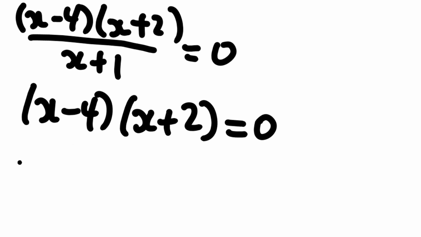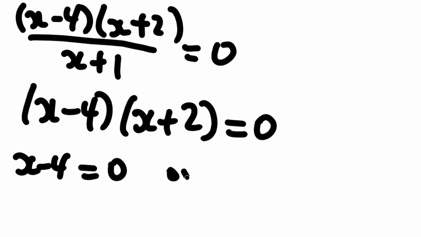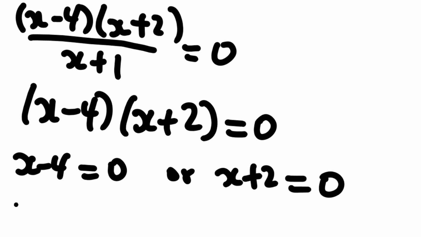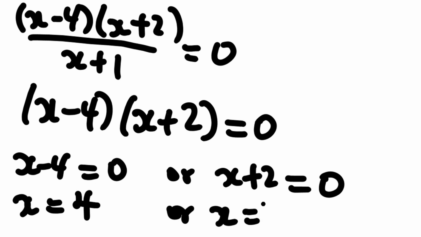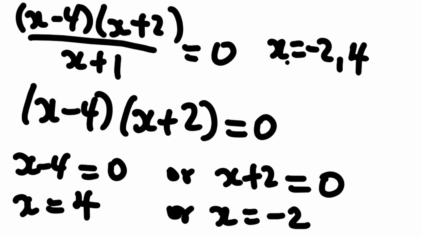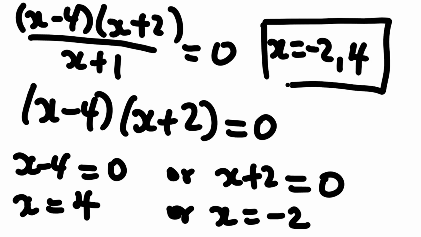So this is going to be x minus 4 equals 0, or x plus 2 equals 0. So then x is equal to 4, or x is equal to negative 2. So the answer will be x is equal to negative 2 comma 4, right?